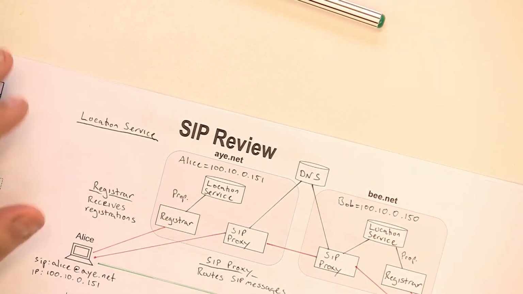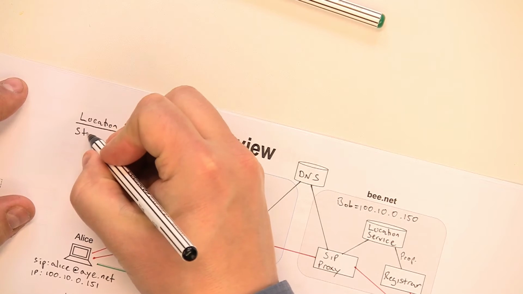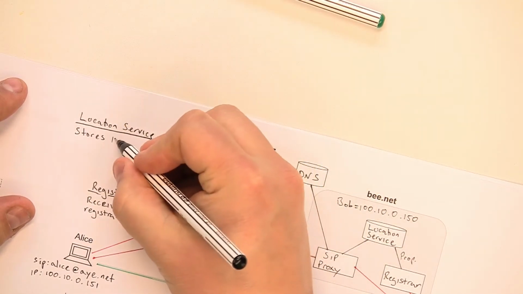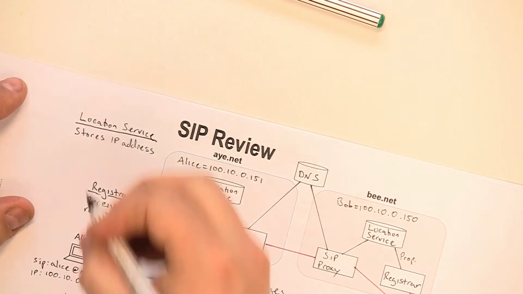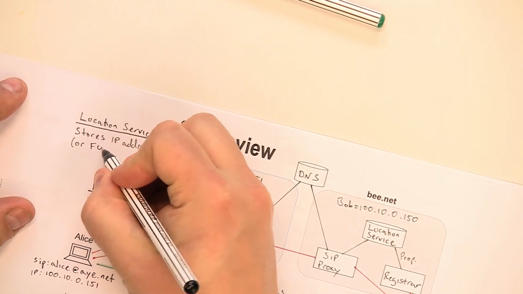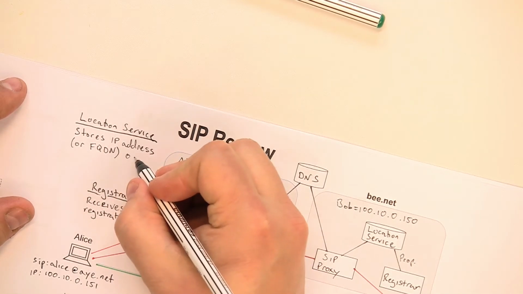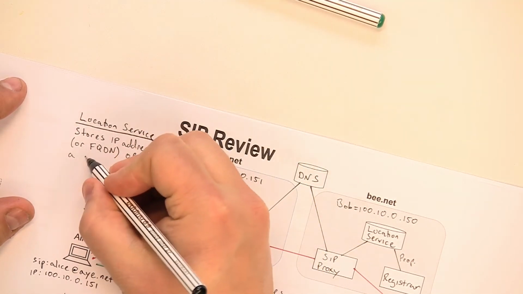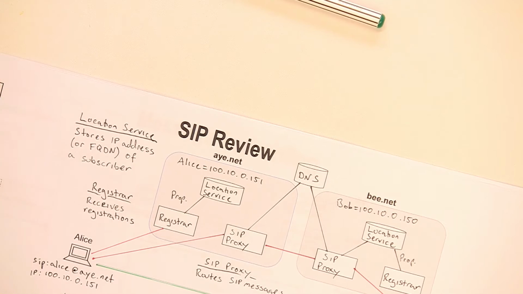I will underline it like this. And I will put that it stores the IP address or FQDN, that's fully qualified domain name, of the subscriber, like this.